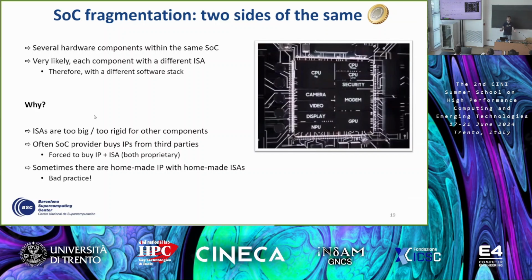Don't do it. Just take a standard instruction set. So that's basically the idea: let's try to homogenize what we have in complex systems on chip. And if you have to do a simple thing, still don't reinvent the wheel, just adopt the standard.